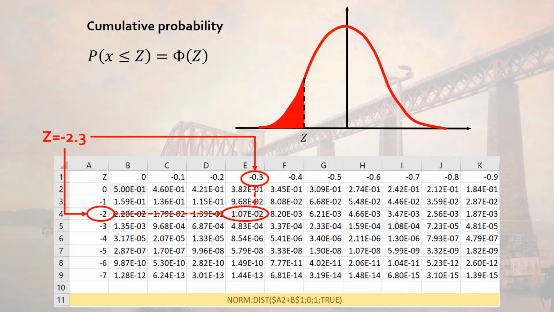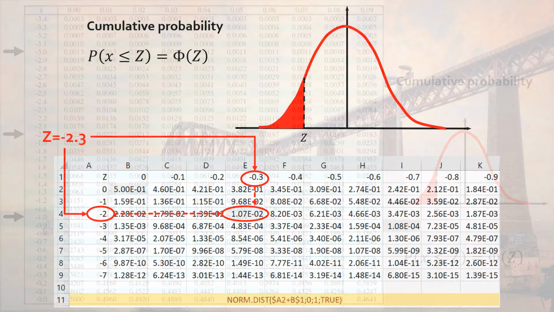The probability associated with Z-scores can easily be calculated in Excel. The way to use standard normal tables is that if we want to find a probability associated with the Z value of, for example, minus 2.3, we find the value minus 2 and minus 0.3 on the horizontal and vertical axis respectively, and we find the probability that is associated with this Z value, in this case 1.07 times 10 to the minus 2.